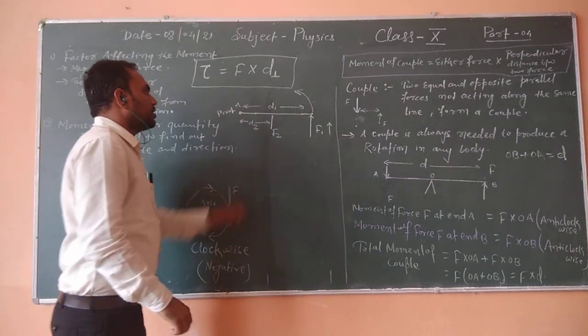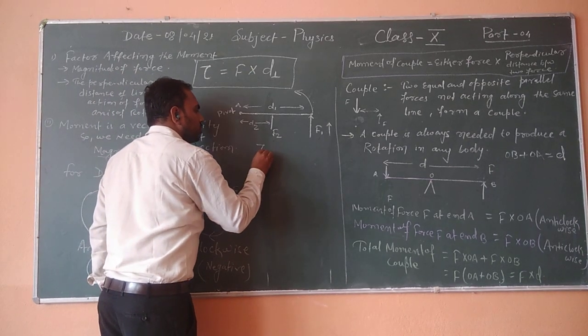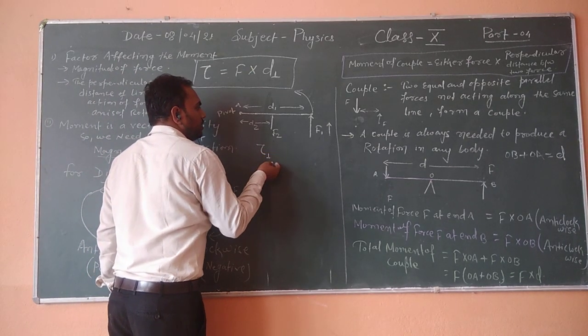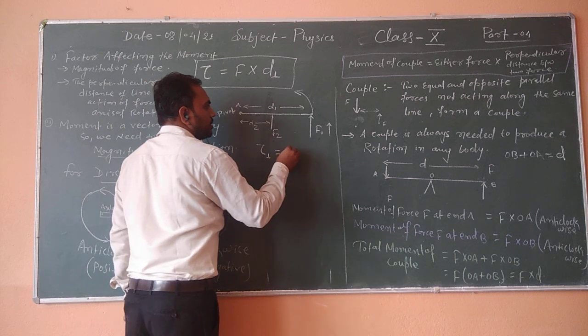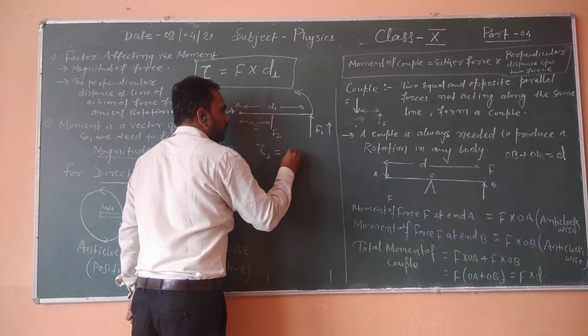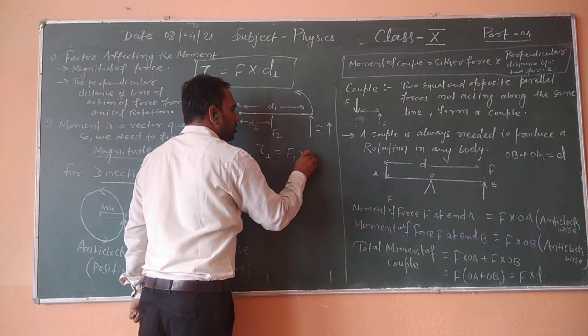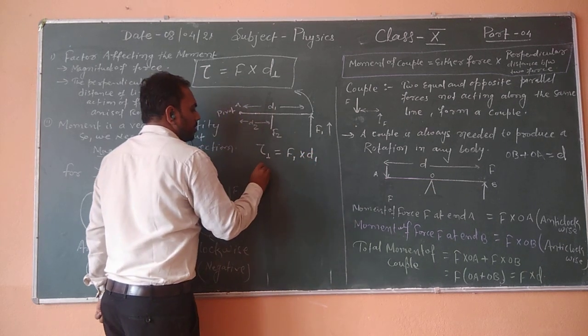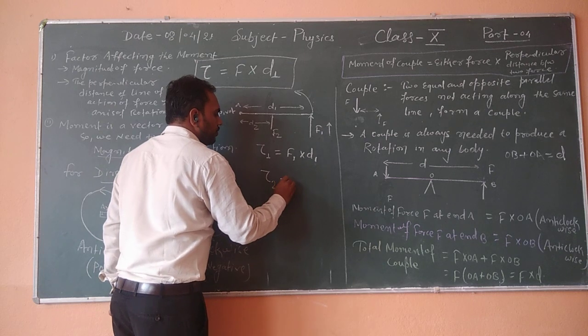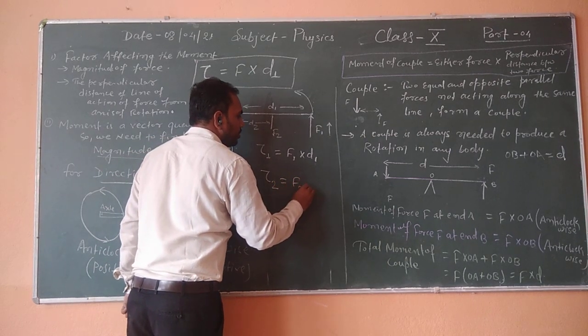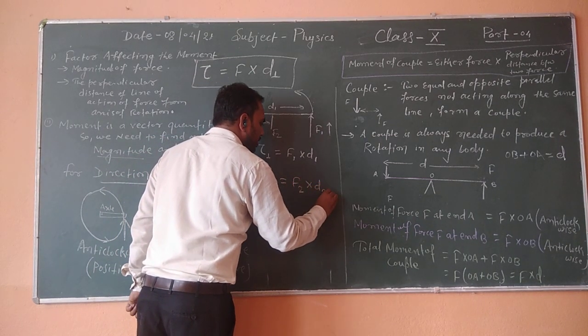In such a case, moment, torque 1 will be F1 into D1, and torque 2 will be F2 into D2.